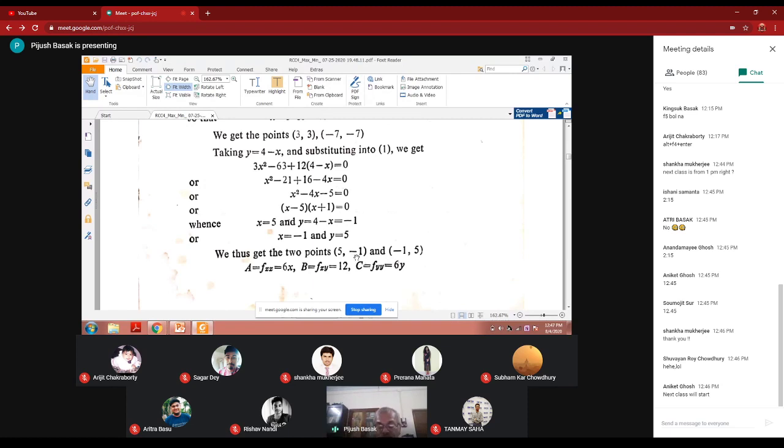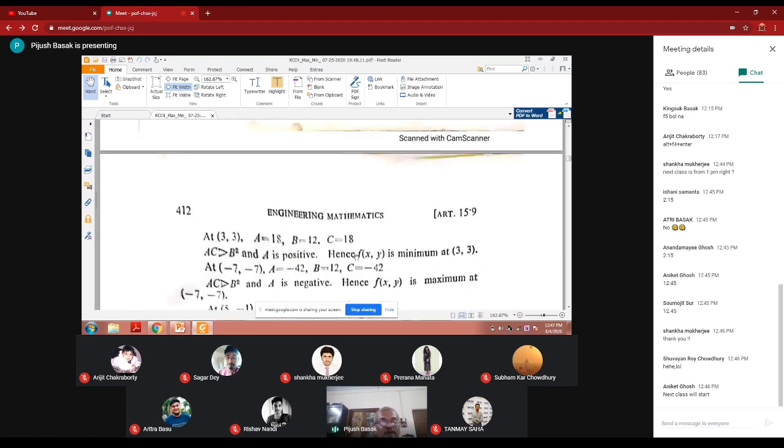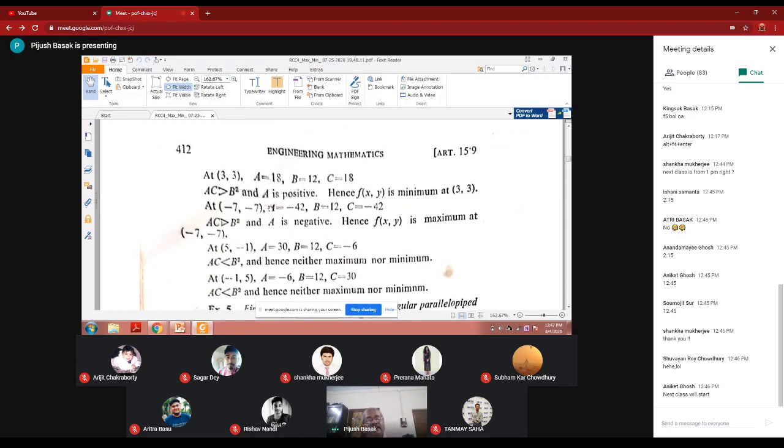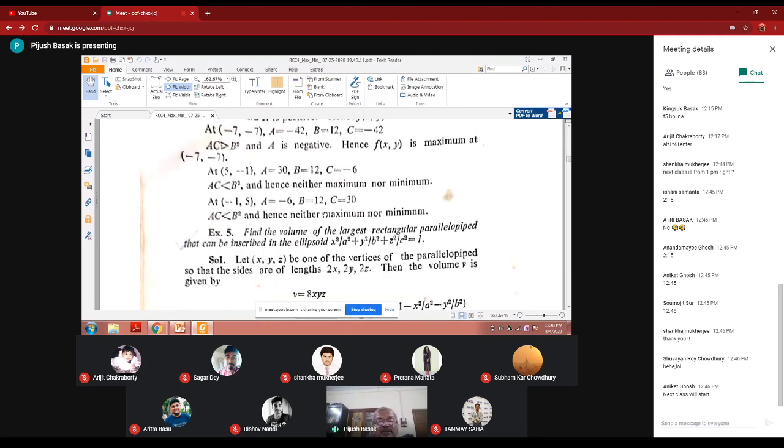So for those we have to check in the usual manner. AC minus b square greater than 0, A is positive. Hence at 3, 3, f(x, y) is minimum. At the point minus 7, minus 7, f(x, y) is maximum.